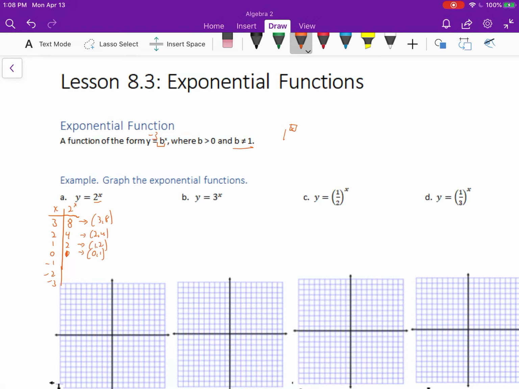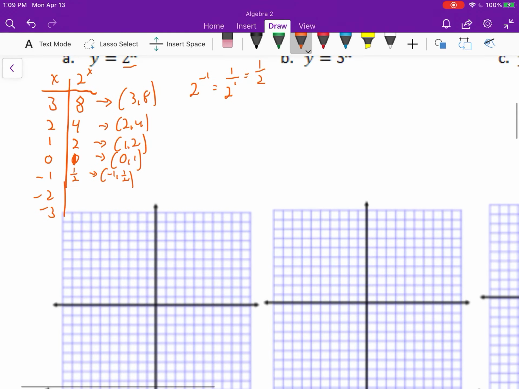Negatives. We discussed earlier that a negative exponent means you do 1 over, it means reciprocal. So if we had 2 to the negative 1, that is 1 over 2 to the positive 1, which is 1/2. So we have the point negative 1, 1/2. Let's make this a little larger.